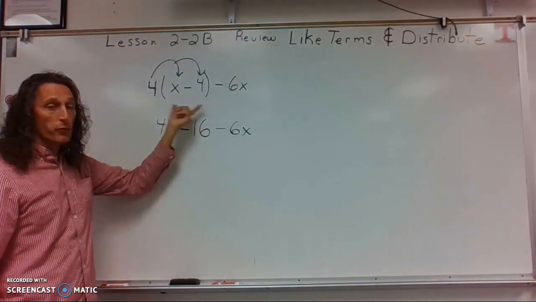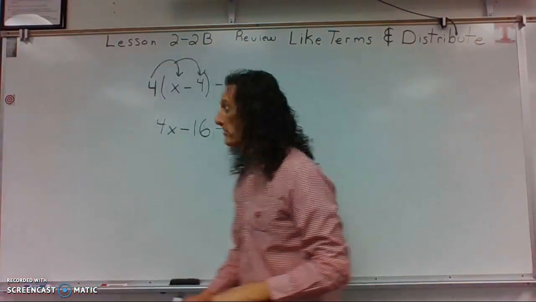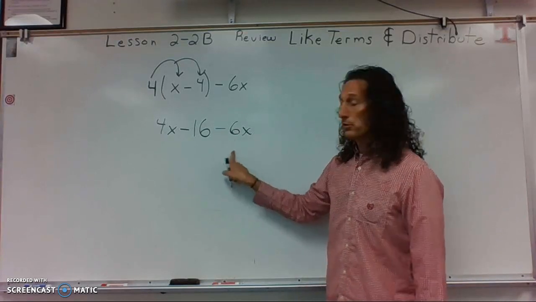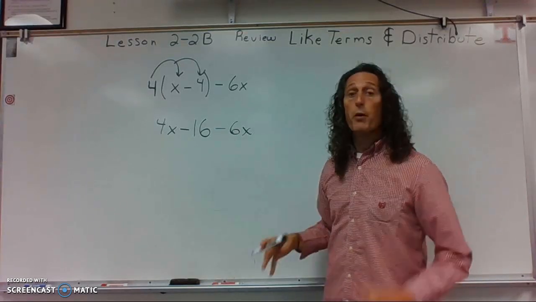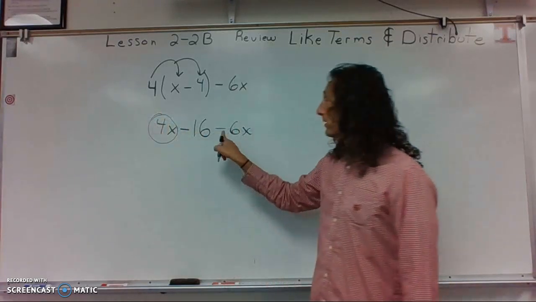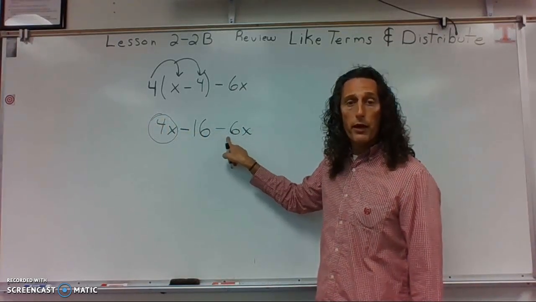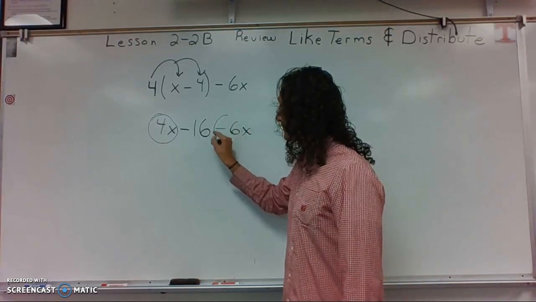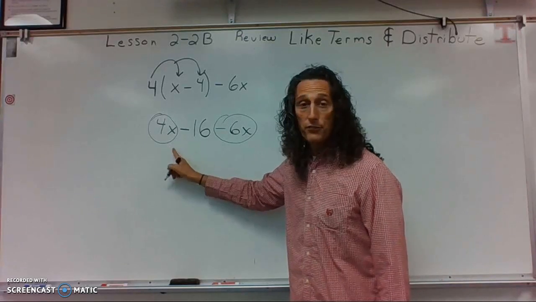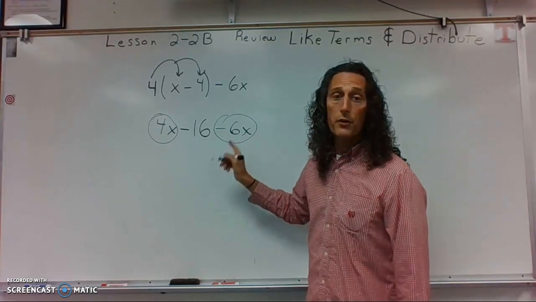But even after we get rid of the parentheses, you can see I have an x term over here and an x term over here. So I want to combine those. So again, I'm going to circle this. Make sure that when you circle, include the operation in front of it, because now it makes it look like a negative, -6, +4, different teams. They're going to go to war.